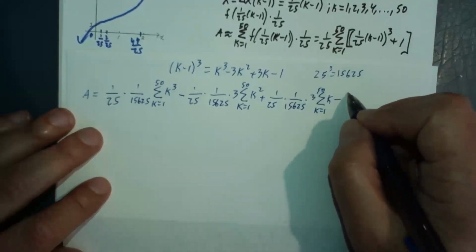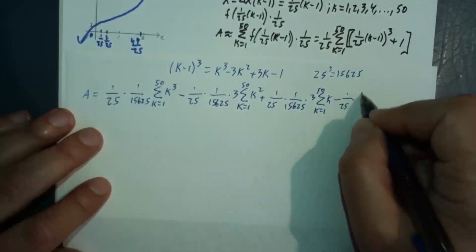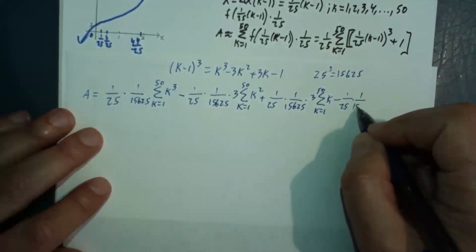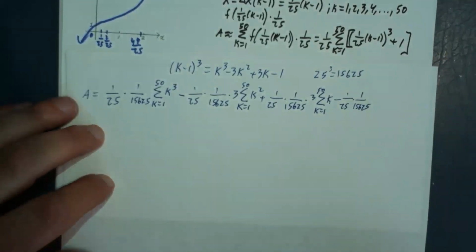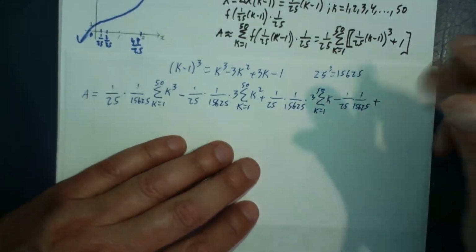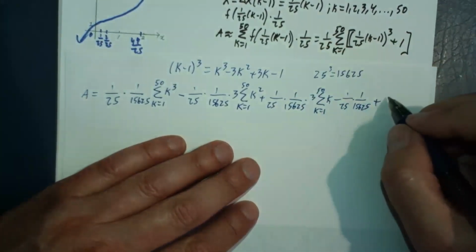No, I'm sorry, this becomes 1 over 25 times 1 over 15625 plus the 1, but the 1 also gets 1 over 25.